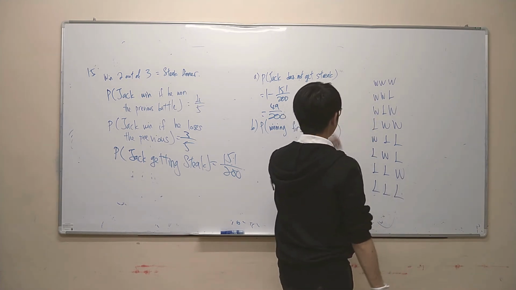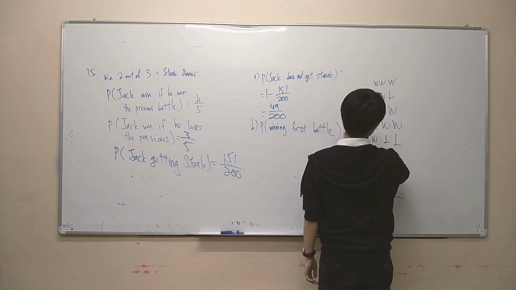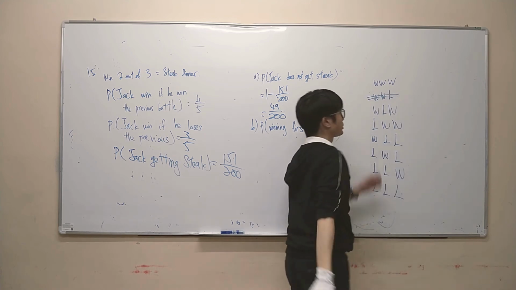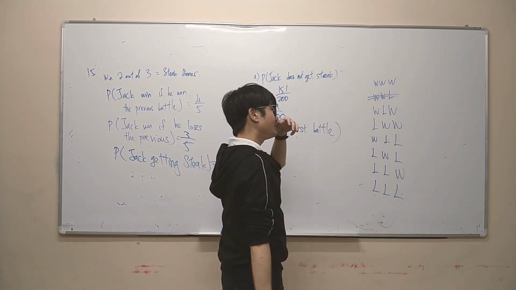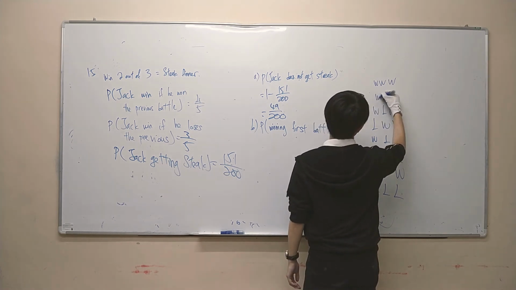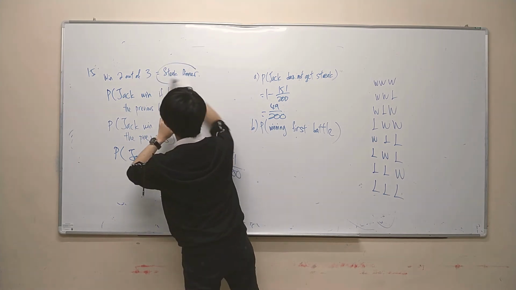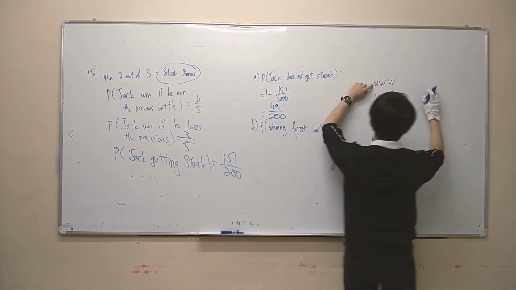Okay. But I have to cross out this. I have to cross out this. I have to cross out this. Why? Because they say win 2 out of 3, you get the steak, right? It means let's assume you win this already.